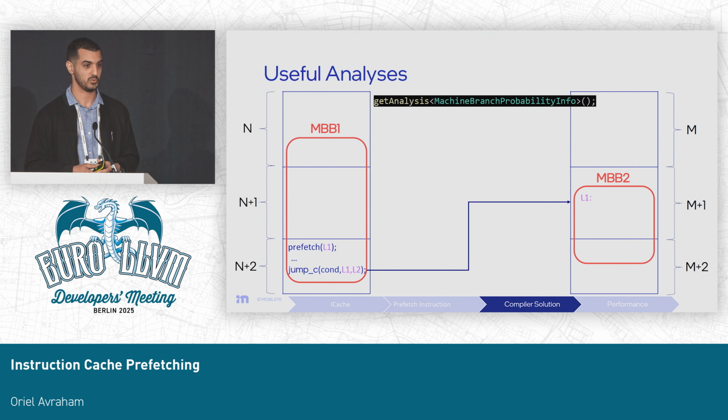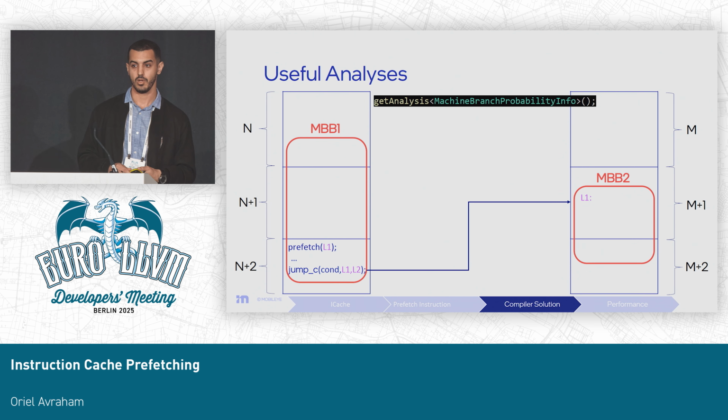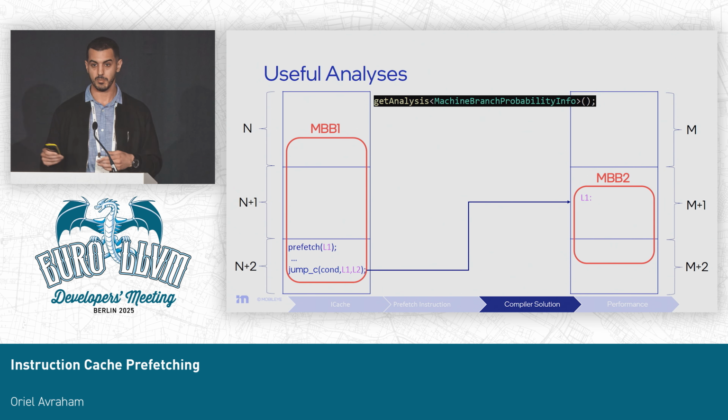I'm not going to get into what it is, just because I don't have time, but if we have PGO, you can use the machine branch probability info and get an estimation of the chances to jump from basic block 1 to basic block 2. For example, it can tell you that 95% of the time you jump from basic block 1 to basic block 2, and maybe you are satisfied with this number and still want to insert a prefetch instruction in this case.